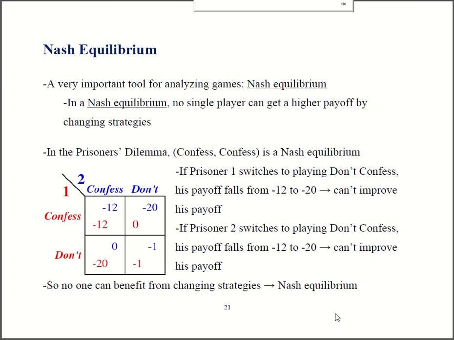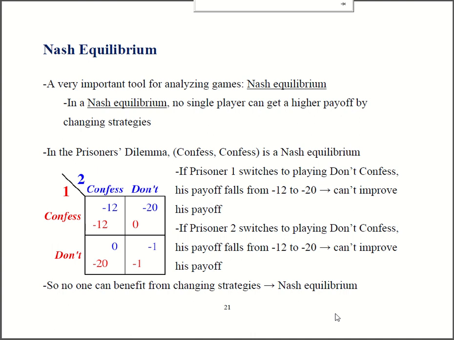So another very important tool for game theory is called the Nash Equilibrium. While dominant strategies don't always exist, the Nash Equilibrium will exist under much more general conditions. So think of the famous mathematician John Nash. There's a movie about him called A Beautiful Mind. You might have seen that.